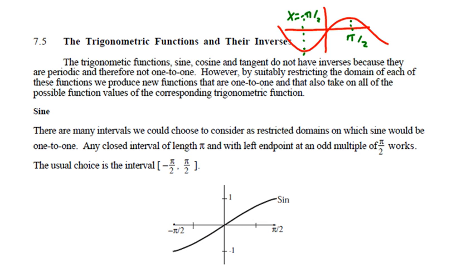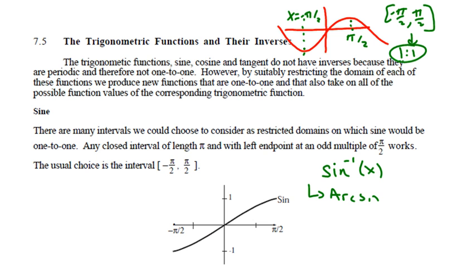And if we look at the domain from negative pi over 2 to pi over 2, on that given domain, it is a one-to-one function. Therefore, we write that the inverse function, sine inverse of x, which is equivalent to arc sine of x, will have the domain negative 1 to 1 and the range from negative pi over 2 to pi over 2.